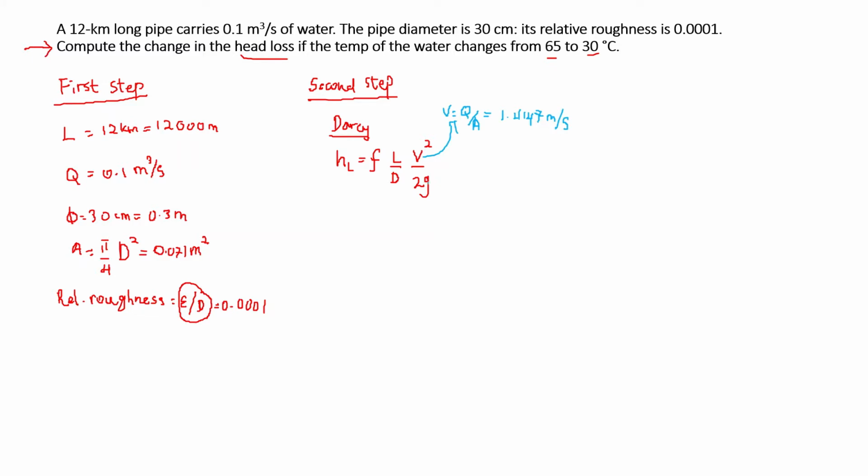Okay, you know G, 9.81. You know L, 12,000, and you know D is 0.3 meter.